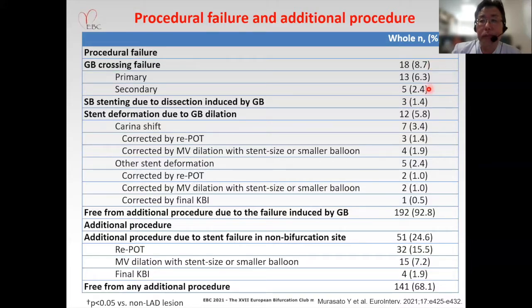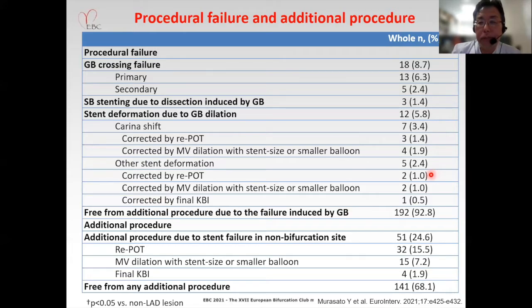but crossing failure after small balloon dilation was found only in 2.4%. Bailout stenting due to dissection occurred in 1.4%. Stent deformation due to Glider balloon dilation was found in 5.8%. Of them, correction by rewiring was performed in 2.4%.